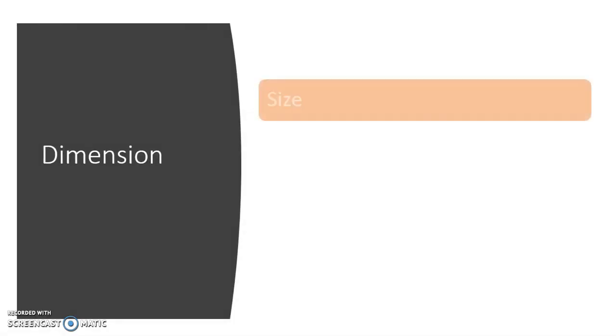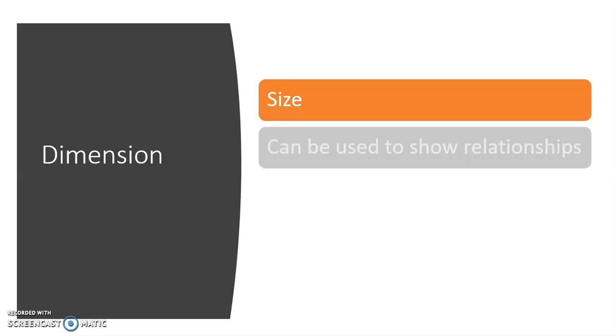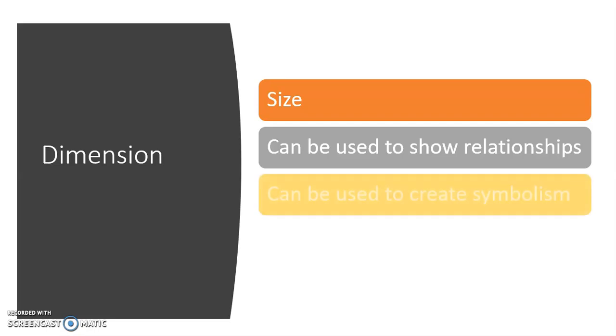And then dimension. When we talk about dimension, what we're essentially talking about is size. This could be the set or location, this can be the set decor props, and this could be the costume. Dimension can be used to show relationships. Maybe a scene is taking place and you've got two characters and the room is very, very large. So they're very separated from each other, and that's showing the relationship between the two characters.